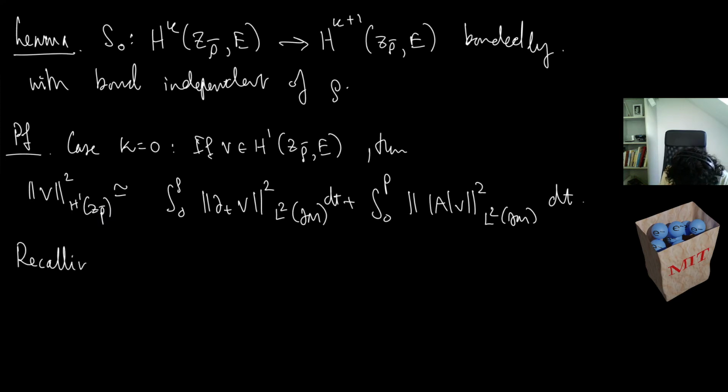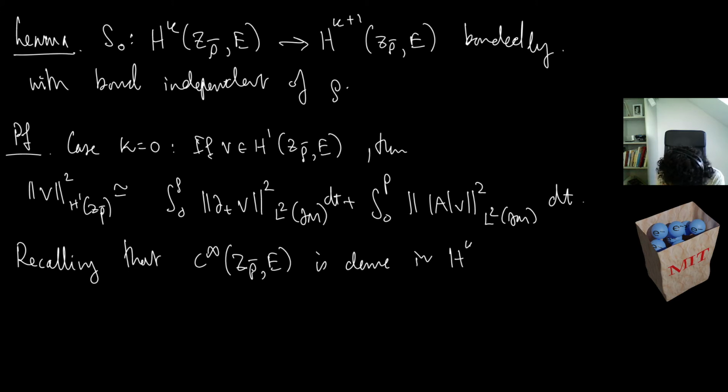Recalling that Z rho bar is a compact manifold with boundary, C infinity is still a dense subset, dense in H^k of Z rho bar, E, and this is for all k.